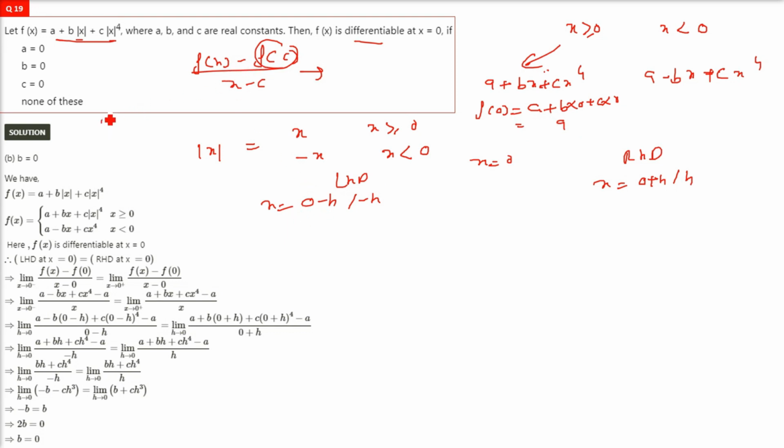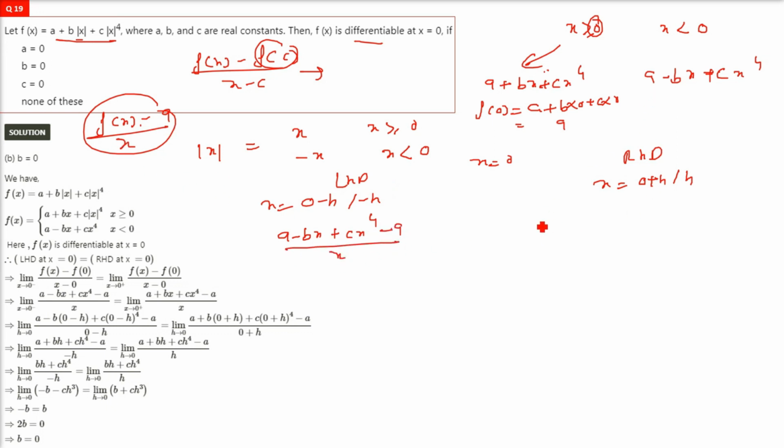So this function becomes (f(x) minus a) divided by (x minus c). We have to check at 0, so c will be 0. So divided by x. So (f(x) minus a) by x, this is what we are going to use. This is a simplified version. When you are on the left of 0, you are going to use (a minus bx plus cx to the power 4 minus a) divided by x.